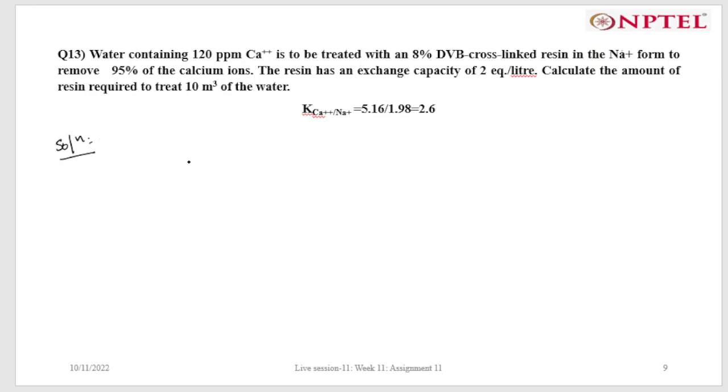Allow me to try to solve this one. So all of you follow me. The equilibrium constant is given.